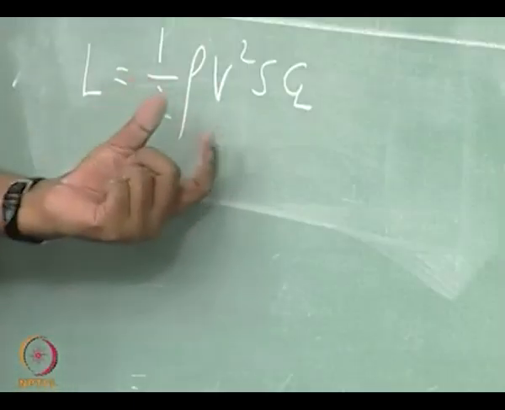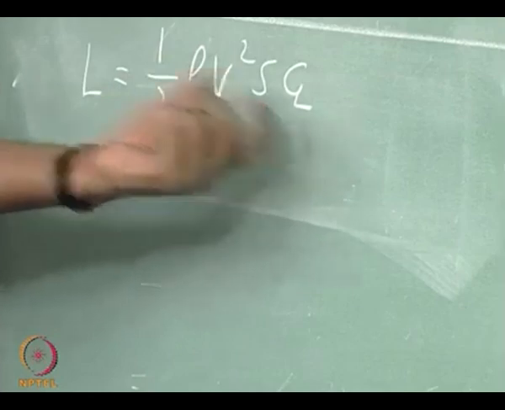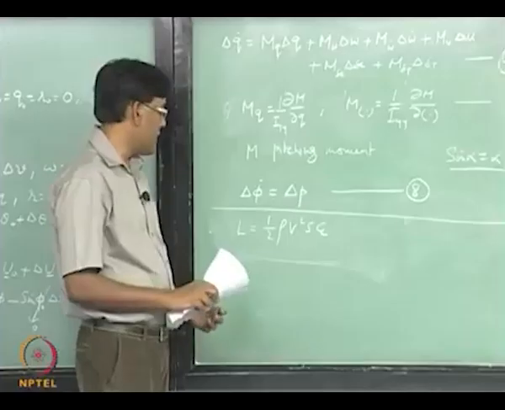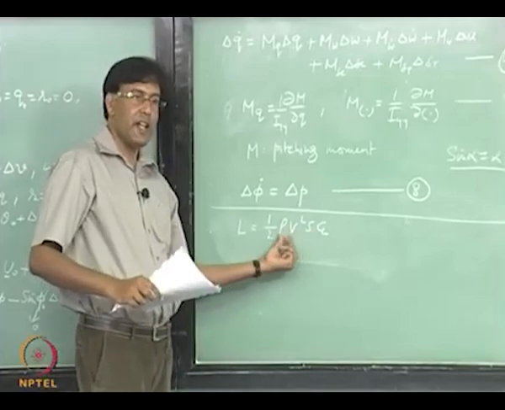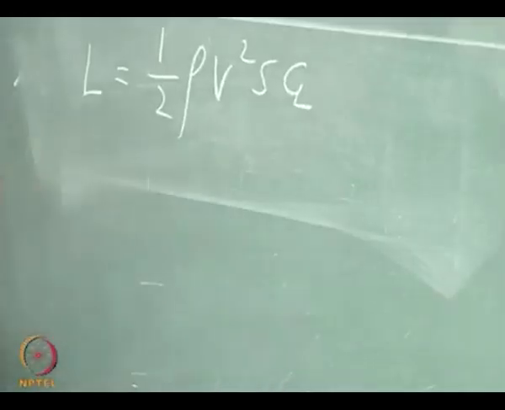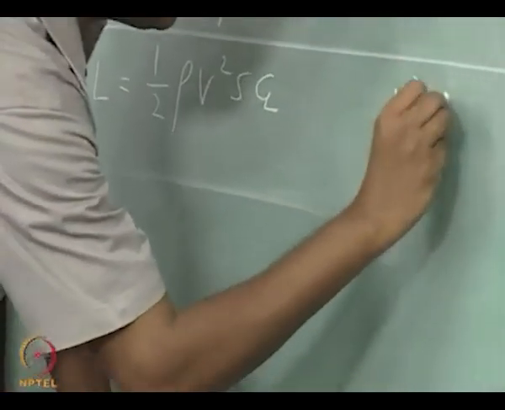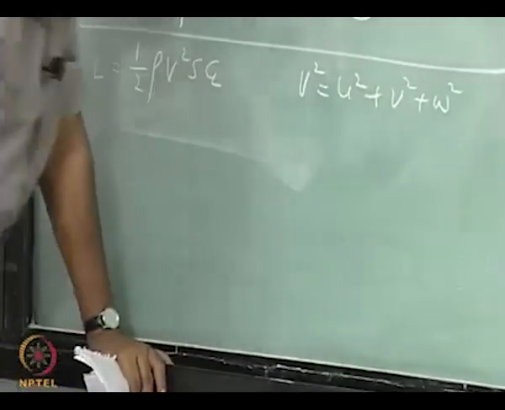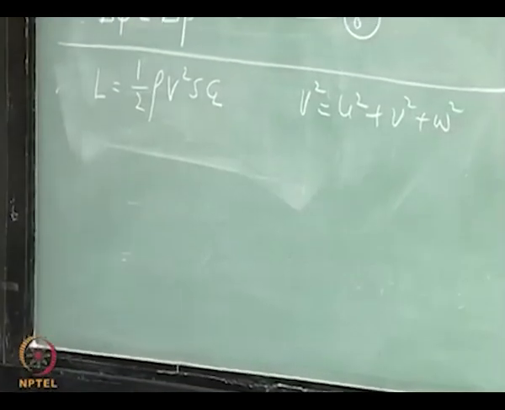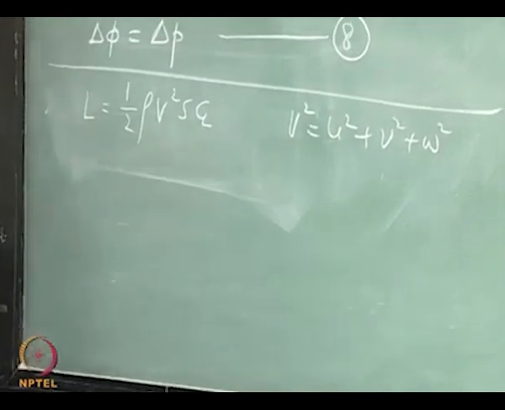Lift is equal to half rho V squared S into C_L, right. Here both C_L and V are functions of u, right. V squared is... right.